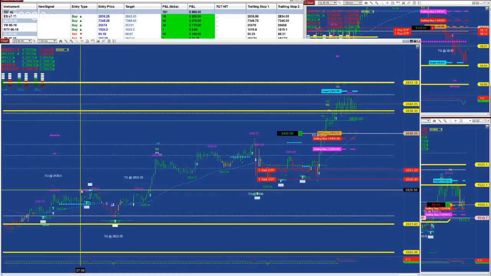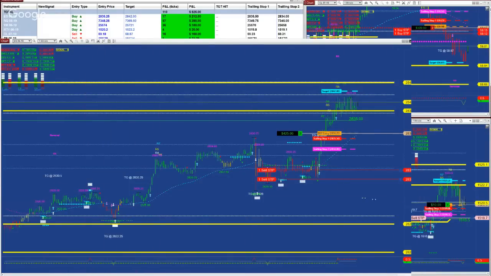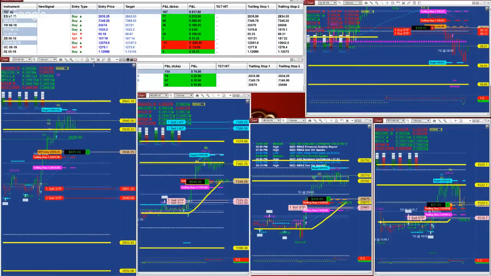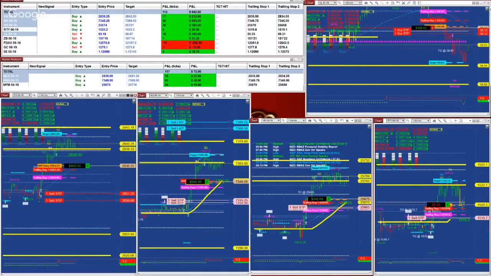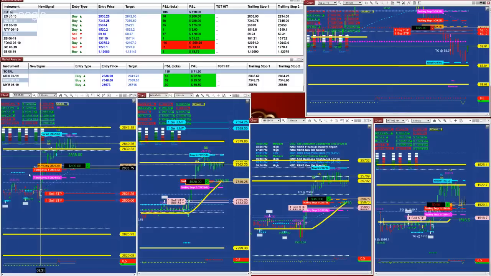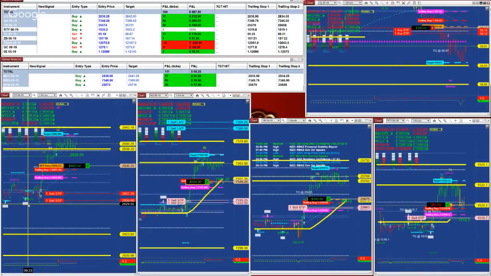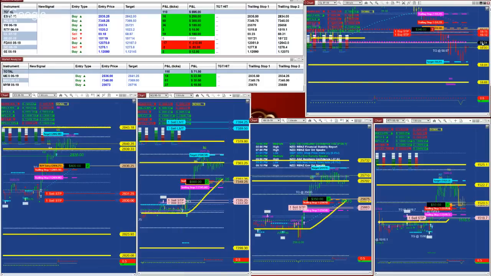We have put some signals for you in the zone, and I told the programmer to make the text bigger, so he's going to do that probably tomorrow, and then we release it. I'm not going to release it because I don't like it that small. I can read it, but you cannot read it if you are on YouTube or something. So we're not going to be messing with it.